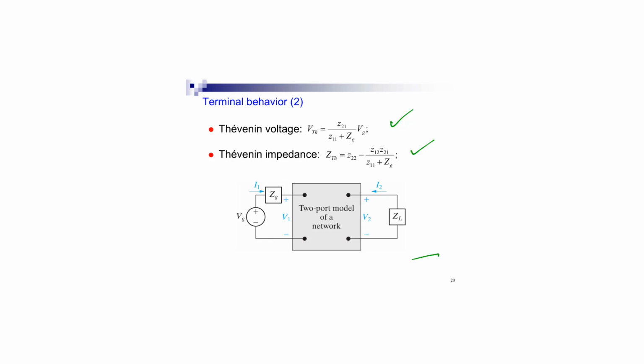For a terminated network like this, the important equations, if you remember these two, it is enough: Thevenin's voltage VTH and Thevenin's impedance ZTH. And you know the Z22, Z12, Z21, Z11 values, and ZG is nothing but 10 ohms according to our question.